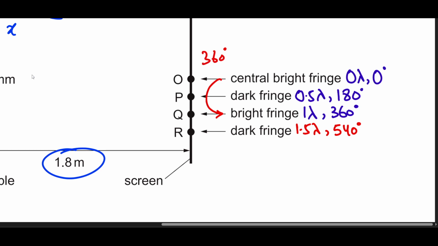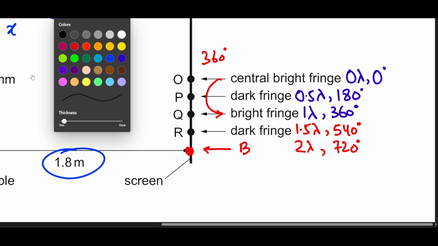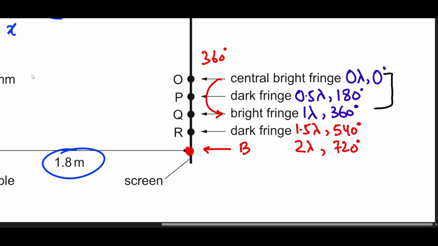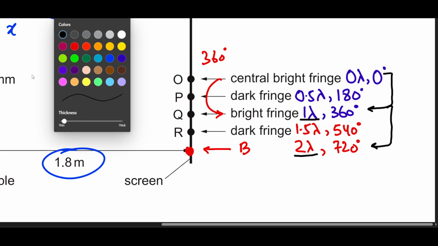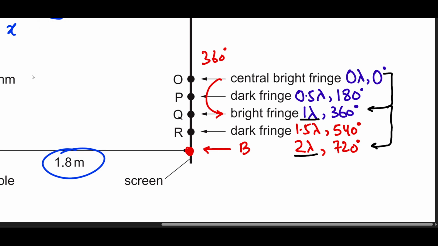For example, if there had been a next coordinate with a bright fringe, like this one, this would have a path difference of 2 lambda and a phase difference of 360 multiplied by 2, which would be 720. So consecutive bright fringes have a phase difference of 360 and 360 and so on. Notice that their path differences are whole numbers. But for the dark fringe, there is always going to be a factor of 0.5 included in them, right?